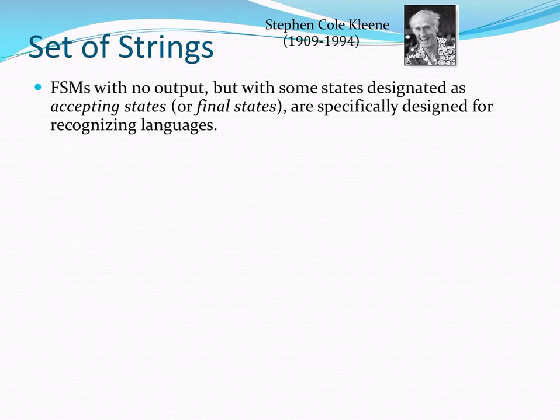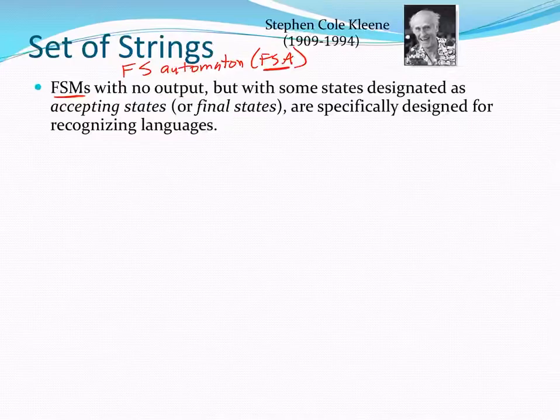First of all, the finite state machine with no output has another name we'll see later. It's a finite state automaton, or FSA. So a finite state machine generally implies output, and a finite state automaton implies no output.